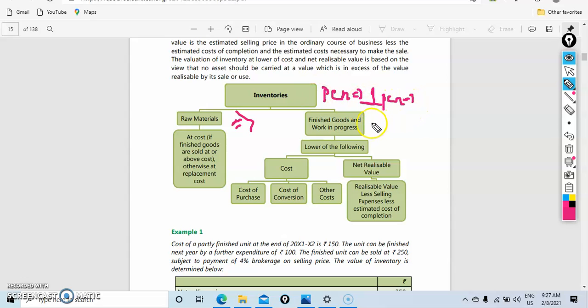They will give you 50% of the pen cost, which will be 8 rupees. Up to now, at 50% of production, 8 rupees was incurred, and after 50%, the expected cost to complete the total pen will be again 2 rupees. Then the total pen value will be 10 rupees.